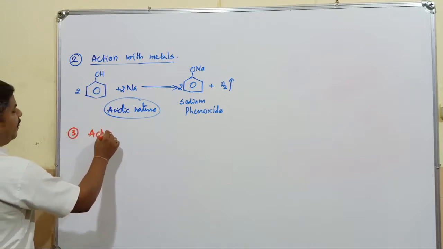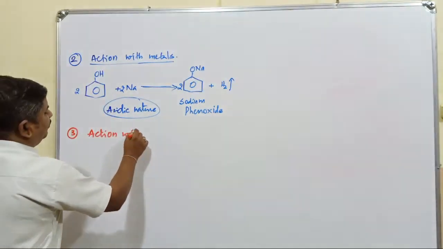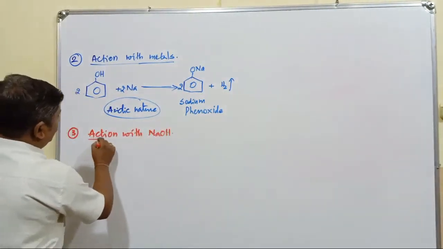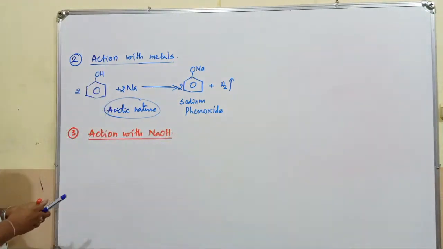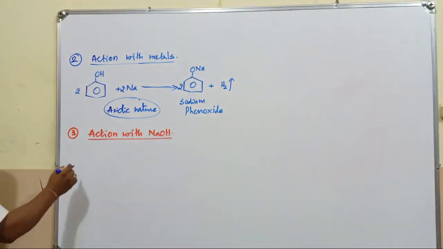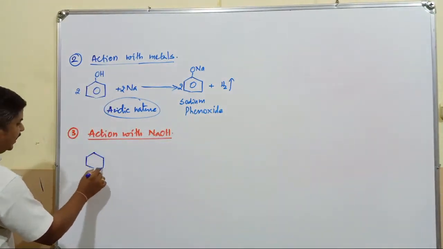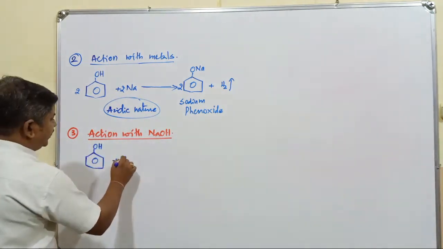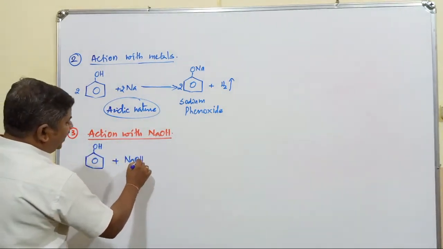Next, the third one: action with sodium hydroxide. How does phenol react with sodium hydroxide? Phenol is acidic in nature, as we have just discussed. It reacts with sodium hydroxide, which is a base.